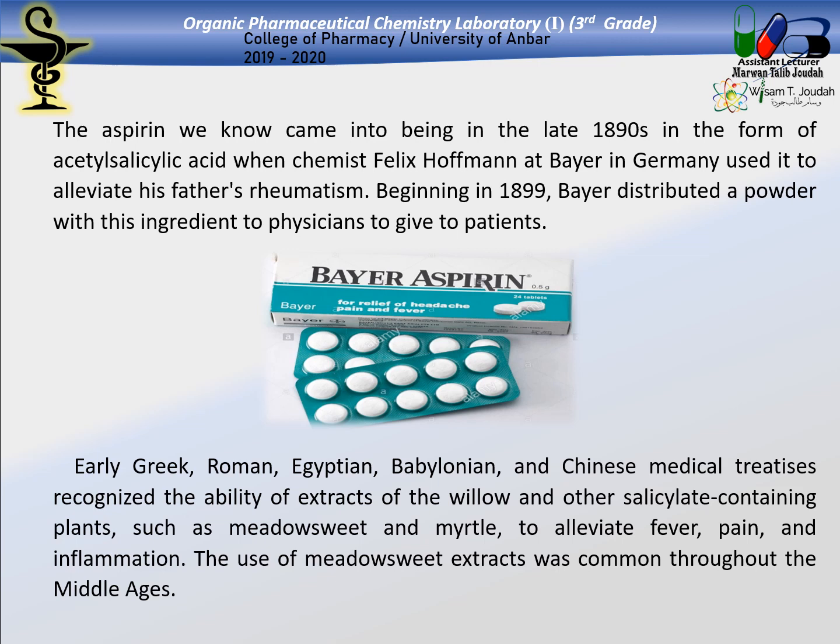We have more than one plant that you can get these ingredients from. I'll show you some of them, such as meadowsweet, and myrtle, I'll show you their shapes. Some types of trees that have a very fragrant smell, what we call the rose family, which is roses, okay.